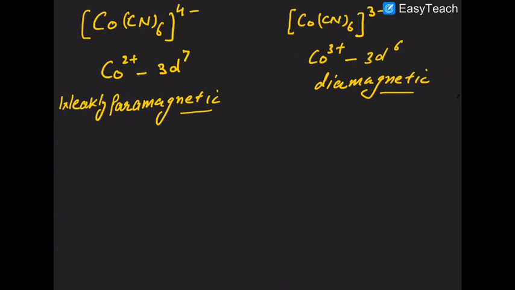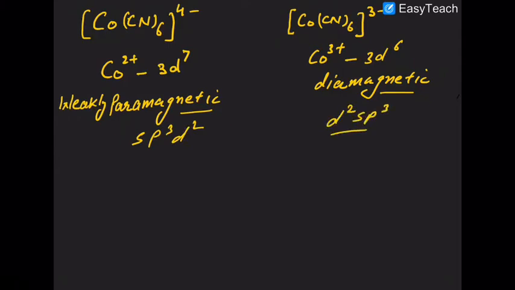One thing more you have to understand: in this case it is sp3d2, but in this case it is d2sp3. So in the case of Co3+, 3d orbitals are used for bonding, while in the case of cobalt 2+, 4d orbitals are used for bonding. What is the reason behind that? The reason is the configuration.